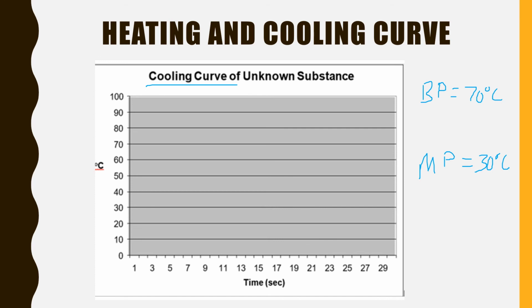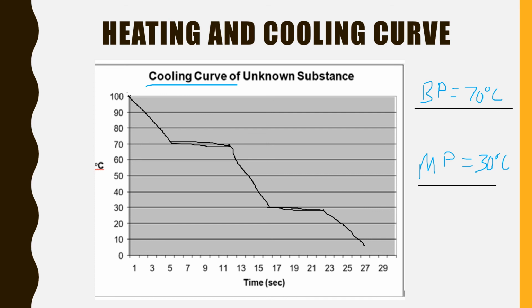If you start with a gas, you've got to transition to a liquid first. So it's going to go backwards. You always start at a high temperature and you come down. We hit the boiling point first, so we're going to go down from 100 to 70. Flat line at 70 for a little bit, then we go down until we hit 30. Flat line at 30, because that's the melting point. Then down.